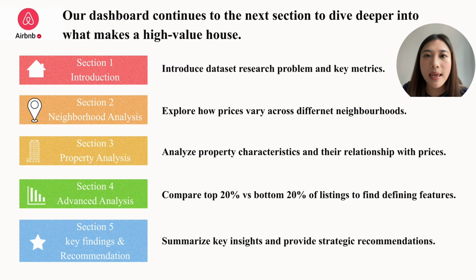Section 3 examined property characteristics such as room type and floor level. Our dashboard then continues with an advanced analysis comparing high-level and low-level listings, followed by structure recommendations. By arranging the dashboard this way, users can generally understand the research question instead of viewing isolated charts.